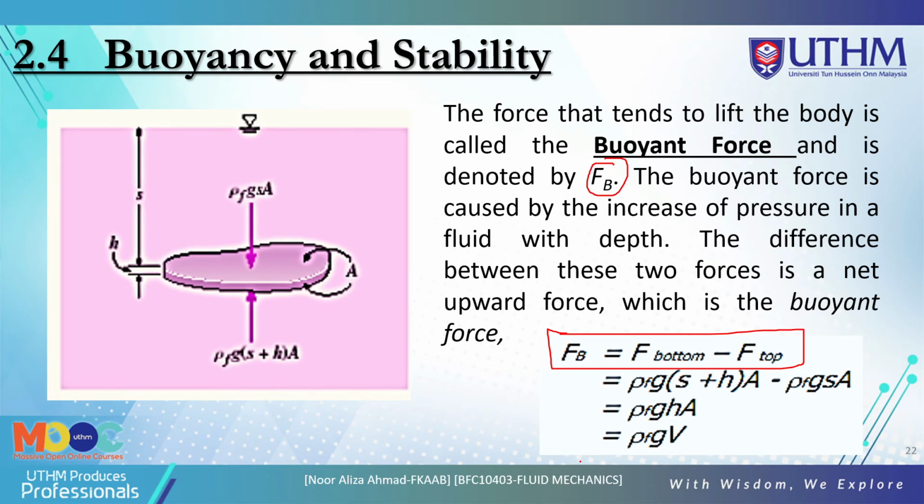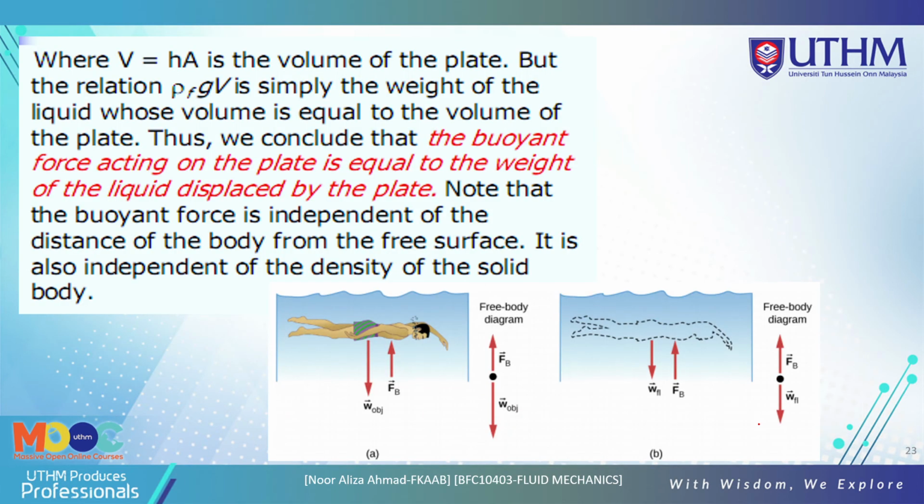So you get the FB buoyant force equal to density of fluid times G times volume. You just remember this equation. V is HA, the volume of the plate.